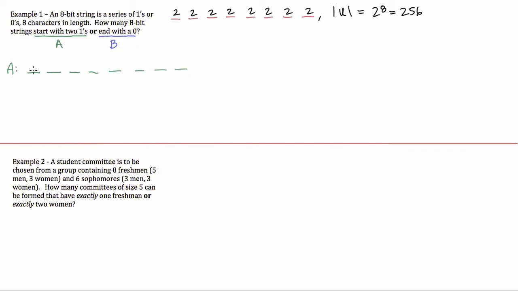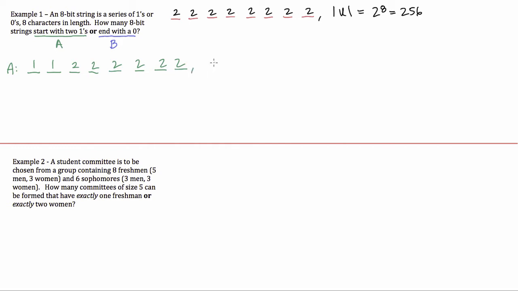But because the first 2 slots have to both be 1s, you're locked into only one choice. So don't confuse the 1s that I put in those blanks with the actual number 1 in the string. It represents one choice. Each of those first 2 blanks, I only have one choice. They have to be 1s if they're going to belong to the set A. All of the rest of the slots would have 2 choices, either 0 or 1.